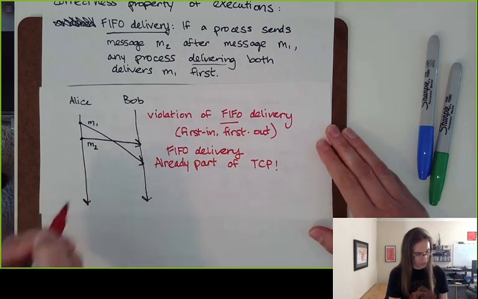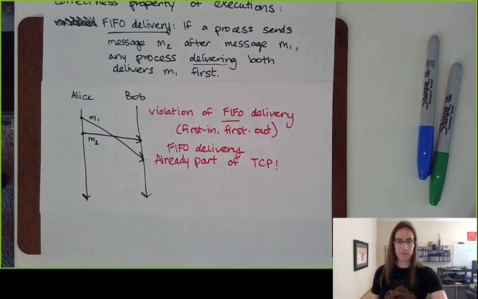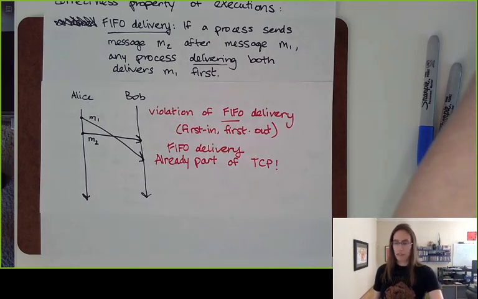If you go and look at the TCP spec, you can learn about it. In the spec, they call it ordered delivery. I actually don't like that name. I prefer to call it FIFO delivery because that makes it a little bit more clear. So it's already part of TCP, so you don't personally have to enforce this property if you're using TCP. If you're using UDP, then you would have to if you wanted it to be true.